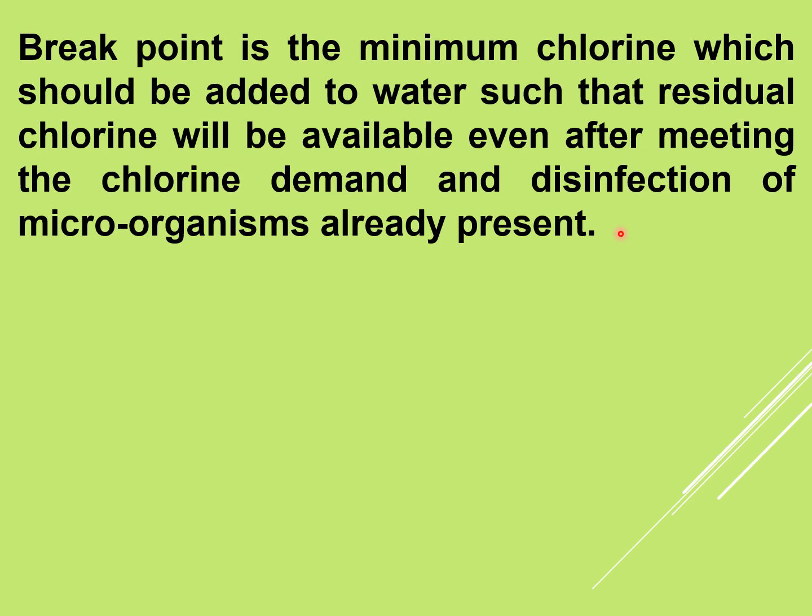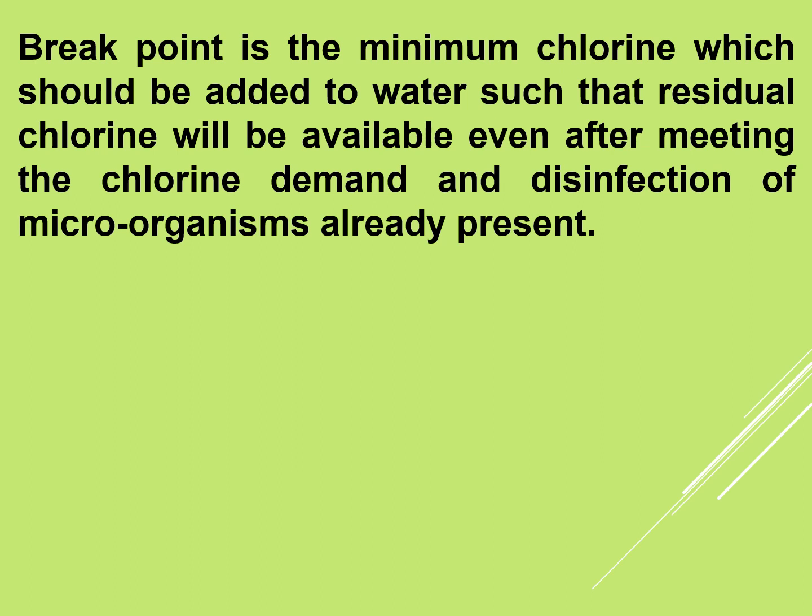Microorganisms coming at a later stage should also be destroyed. So breakpoint is the minimum chlorine which should be added, so that even after meeting the chlorine demand and disinfection of microorganisms already present, some residual chlorine will be available.